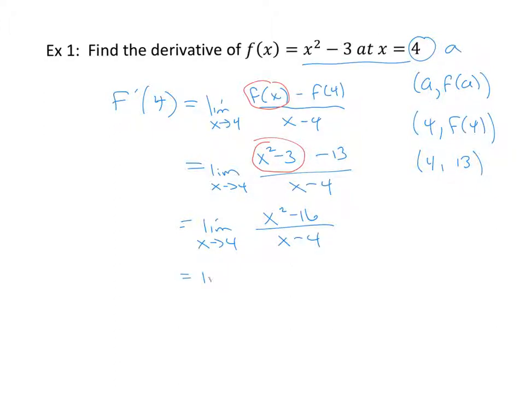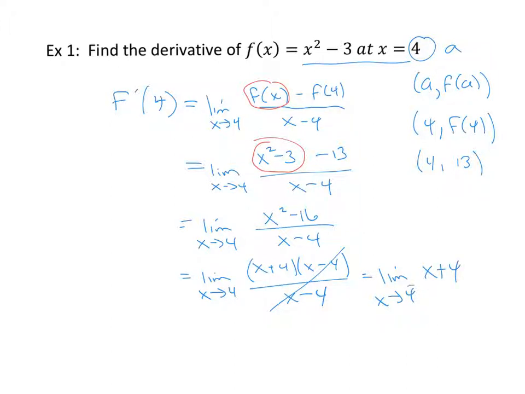And at this point, I'm hoping you start to see we are now in a place where we should be familiar with the procedure because that factors, and now we can substitute. It's just that this is no longer a random limit problem. This means something. So you get 4 plus 4, which is 8. Okay, so that is the derivative of the function at x equals 4.